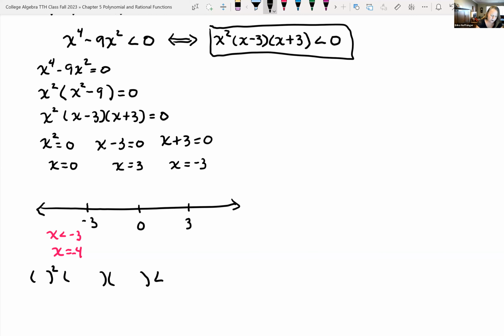We want to know, is that strictly less than 0? So is 0 squared all times 0 minus 3 all times 0 plus 3 a negative number?